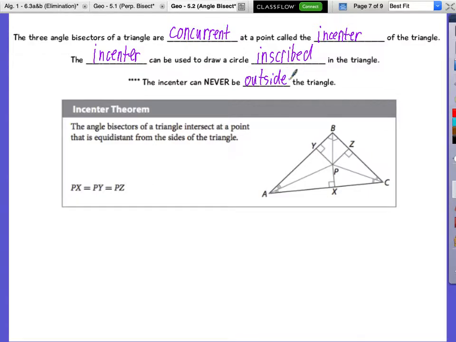Inscribed. Are these just made up words or something? Everything's been made up, I swear. I knew you were gonna say that. Literally, incenter, they took the word in and the word center and made them together. I do that to a lot of things. Concurrent? Concurrent? I don't know why.